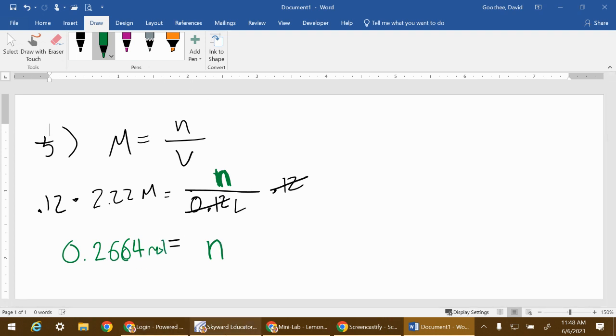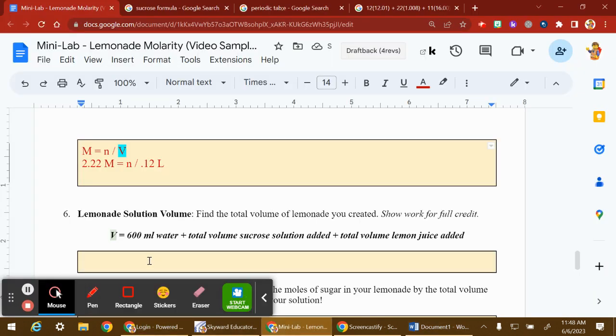That's my data. So the number of moles here is equal to 0.2664. That's how many moles of sugar, sucrose, I had in all my lemonade.